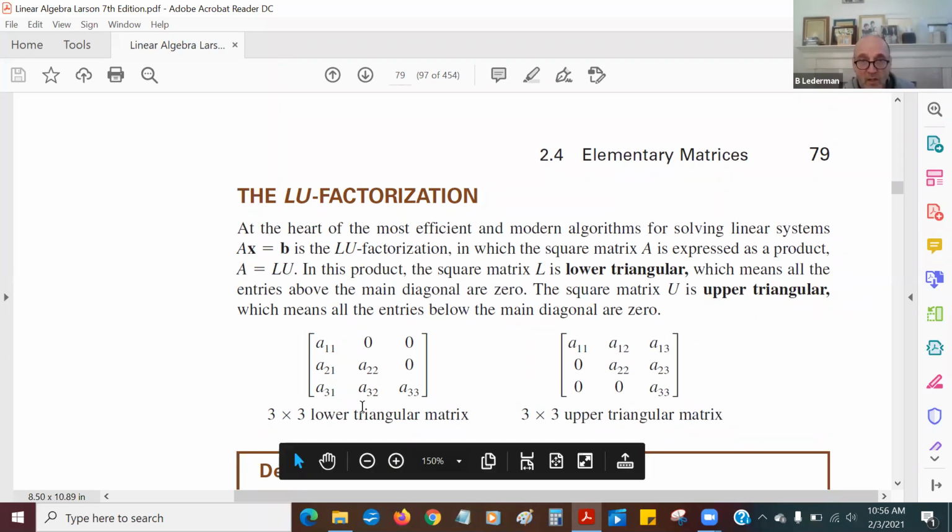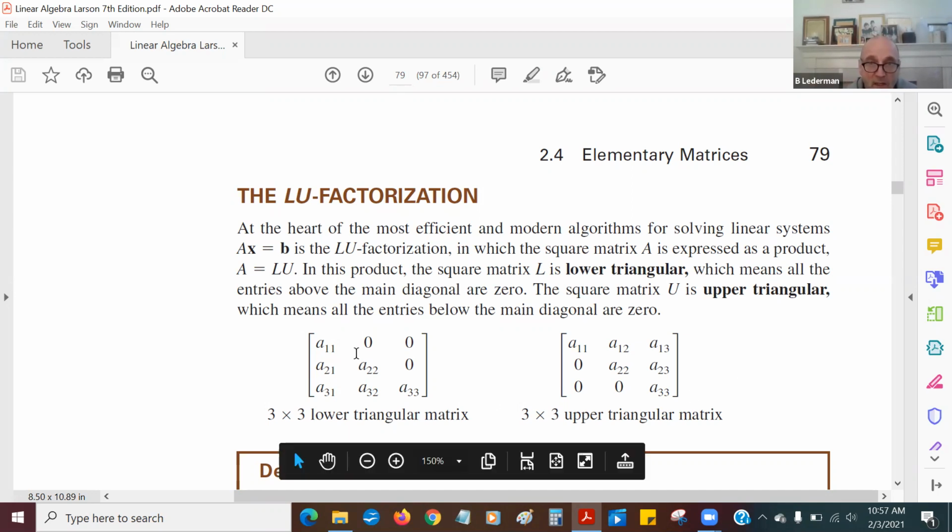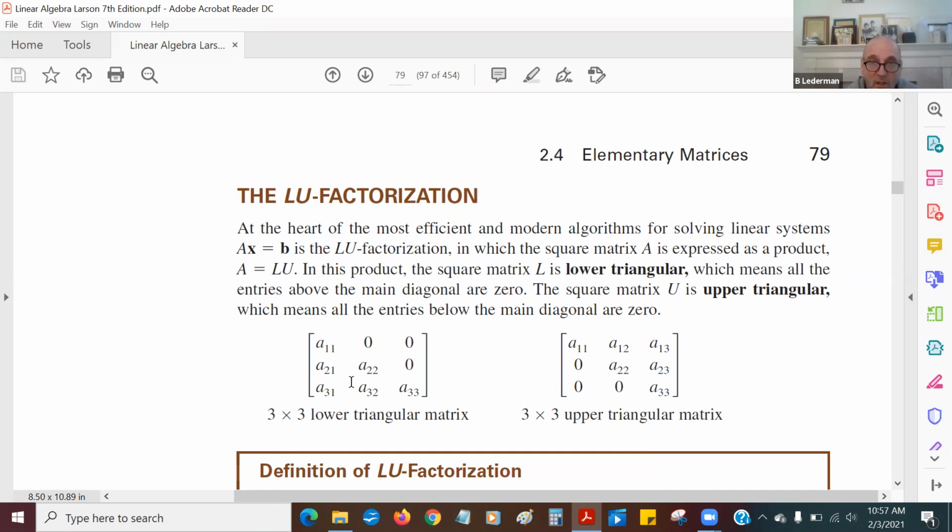So in a lower triangular, you have the non-zero numbers down here, and you have only zeros up on top, and anything that's not zero has to be in the bottom, and vice versa. By the way, if you have a diagonal matrix or a zero matrix, that's okay. It's okay if these entries are zeros, as long as the entries here are zeros.